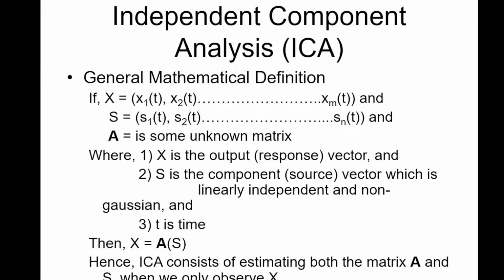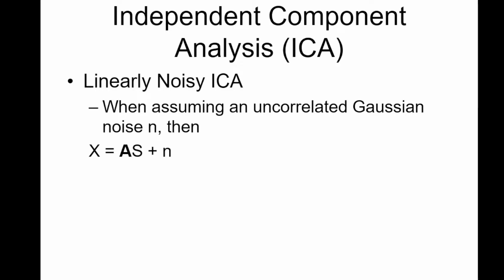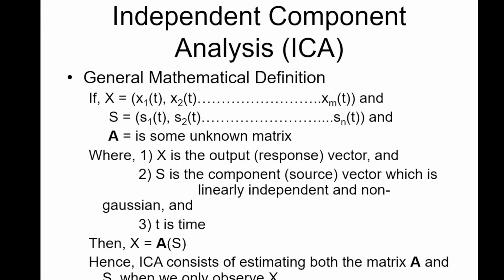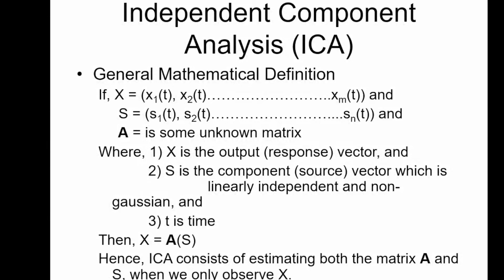This is the mixing matrix, and we don't know it, so we have to find out how these signals were generated. So we have to find the mixing matrix and the sources.